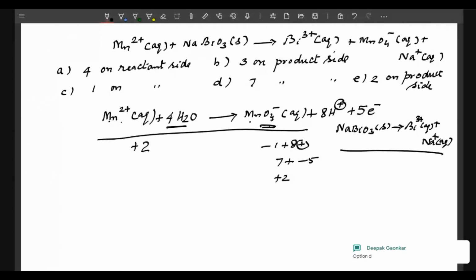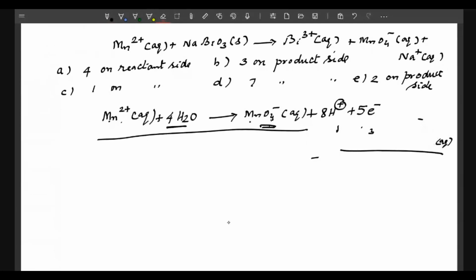Therefore, now we have balanced the oxidation half reaction. Similarly, now you have to balance the reduction half reaction. Which would be the reduction half reaction? The other half reaction. It would definitely be a reduction half reaction. And now we are going to see the reduction half reaction.